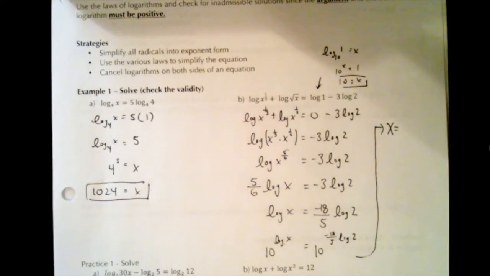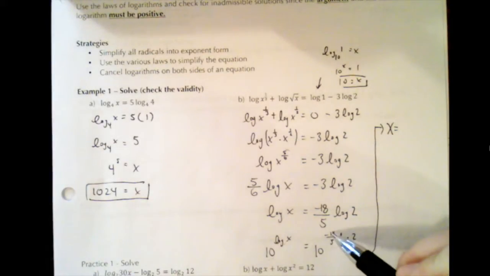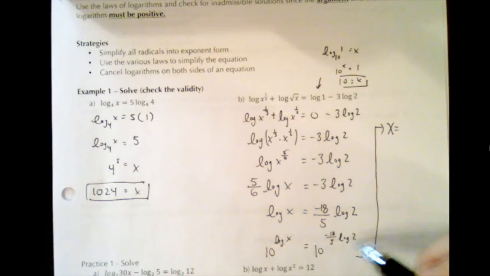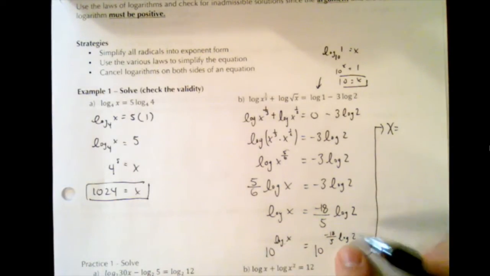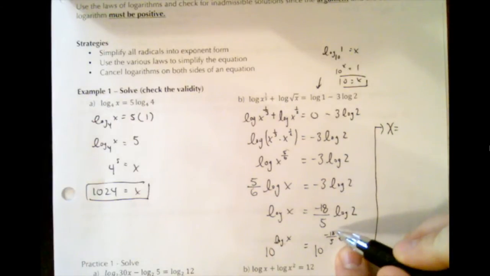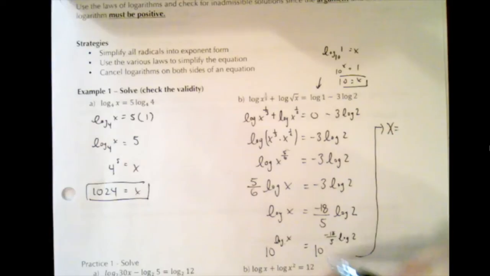And on our right side here, we have 10 to the exponent -18/5 log 2. We can punch this whole thing in our calculator and come up with an answer, or we can rewrite this term in front of the log as the exponent, and then we would have a power with a logarithm exponent that has the same base.